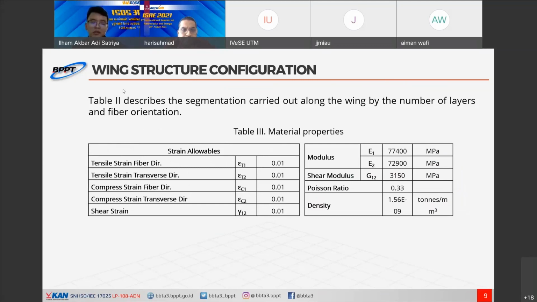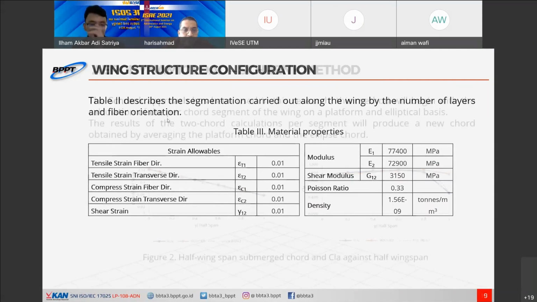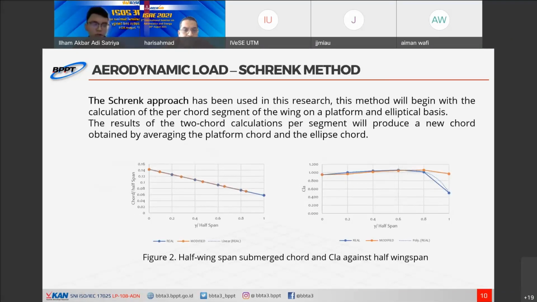But the difference from the alloy material is that we have the strain allowable. The strain allowable is used to determine how the failure criteria perform for this composite material.